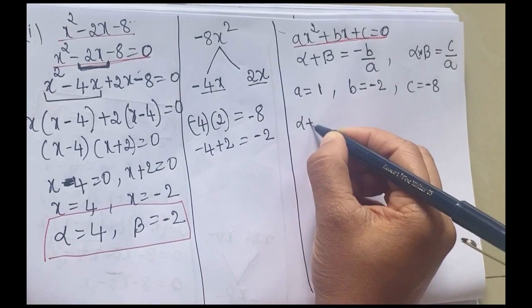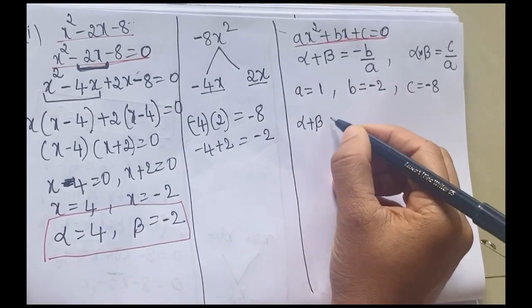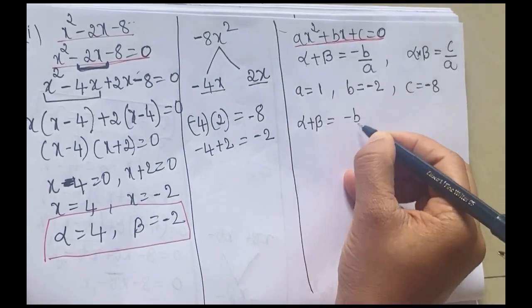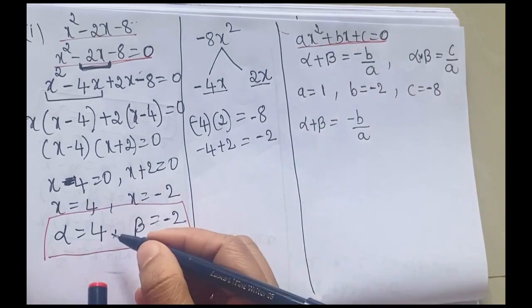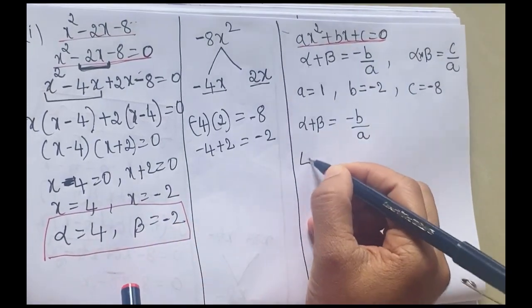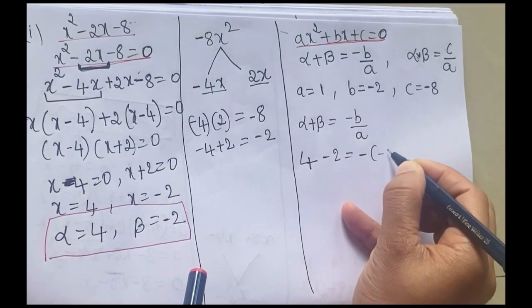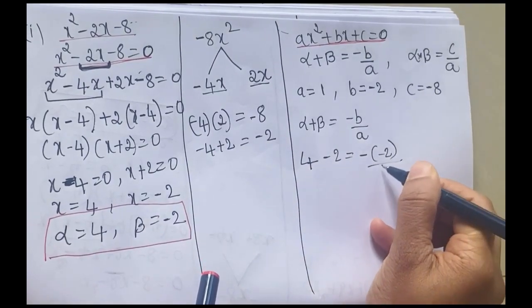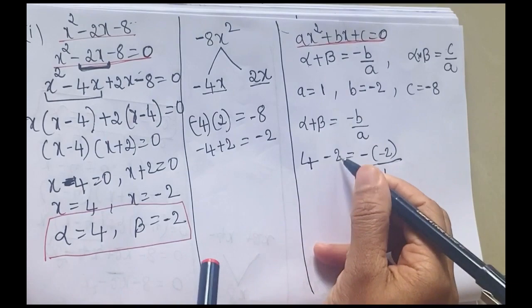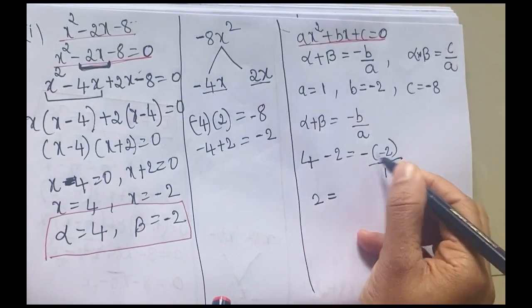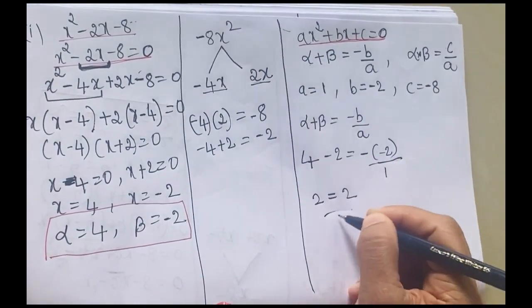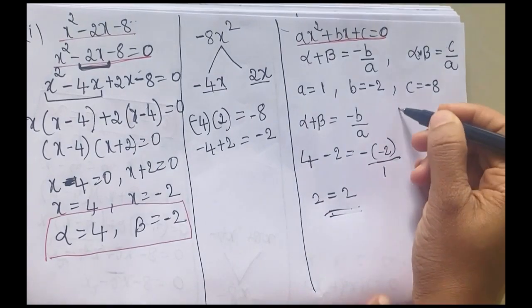Then write alpha plus beta. Sum of the zeros is minus b by a. Alpha is 4, beta is minus 2, minus of minus is plus. 4 minus 2 is 2, minus minus plus 2, so 2 is equal to 2.